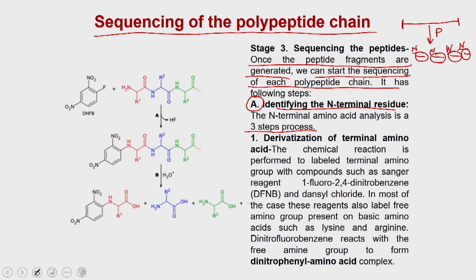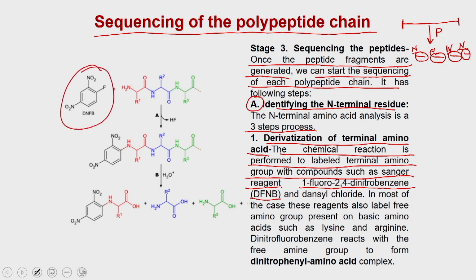In step 1, you are going to derivatize the terminal amino acid. A chemical reaction is performed to label the terminal amino group with a compound such as the Sanger reagent, 1-fluoro-2,4-dinitrobenzene, DFNB, which is actually this. So, you take the DFNB and react it with your polypeptide chain, and the N-terminal amino group is going to react.